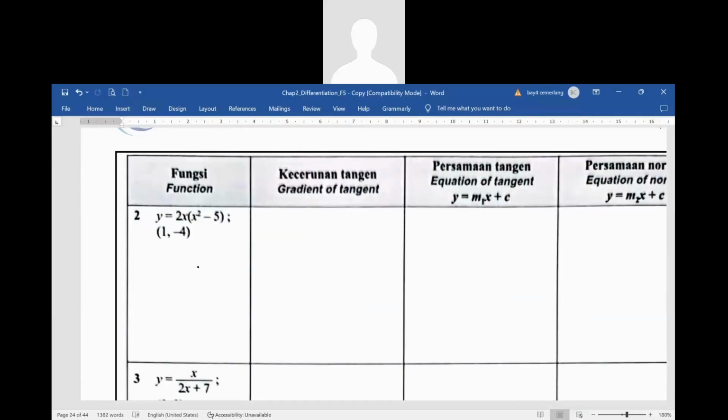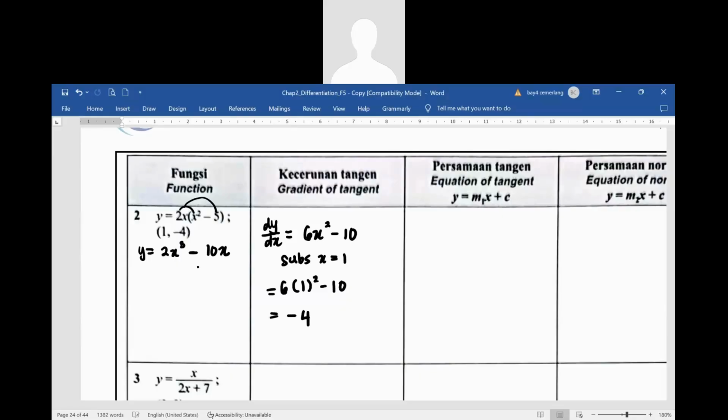Okay, so for this one, we can differentiate first. y = 2x³ minus 5 times 2, 10x. So the gradient of tangent is dy/dx, and you will get 6x² minus 10. Then you substitute the point. Substitute x equals 1. No need to substitute y because there is no y here. So 6(1)² minus 10, 6 minus 10, so we get negative 4.